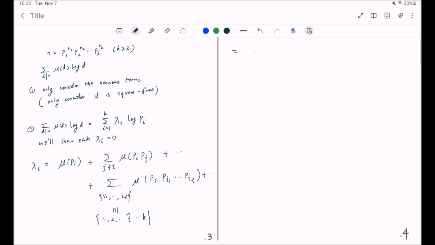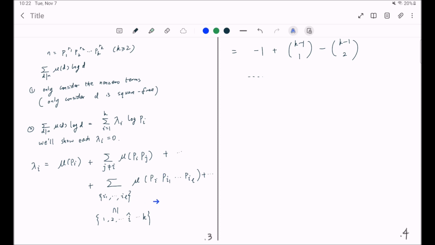The first one is just negative 1, and the second one is k minus 1 choose 1. The third one is minus k minus 1 choose 2.